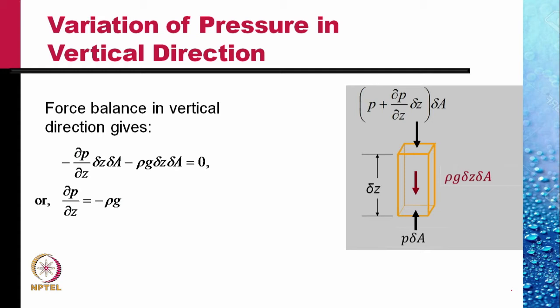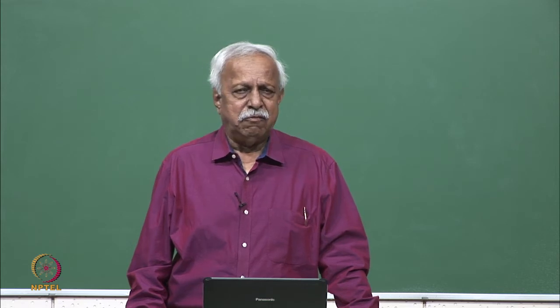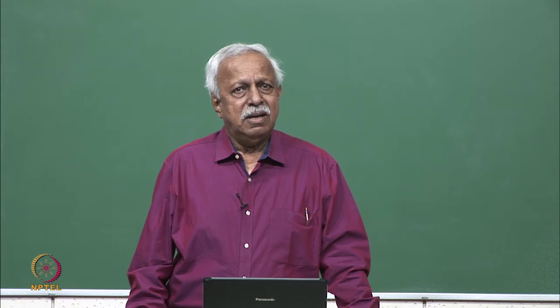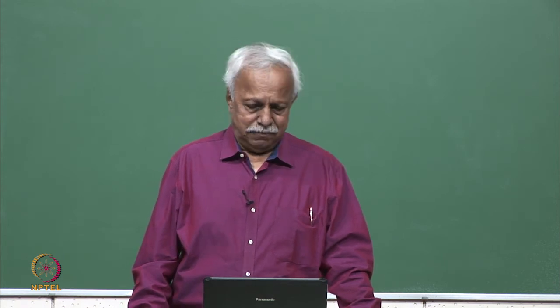That is, the pressure variation in the vertical direction is minus rho g, where rho is the density of the fluid and g is the acceleration due to gravity.